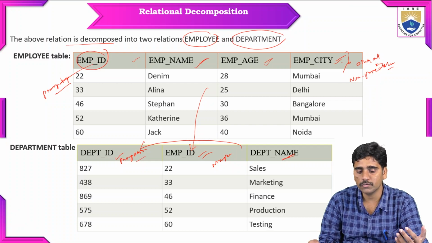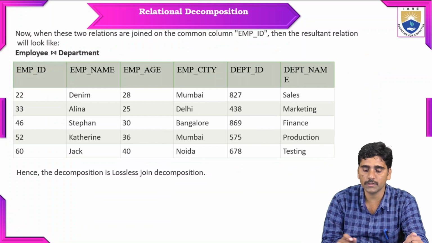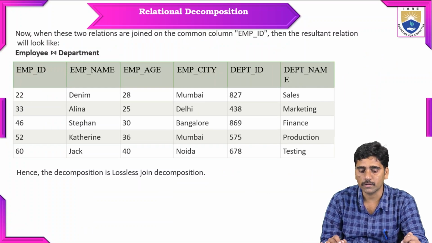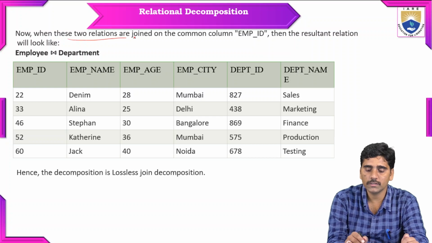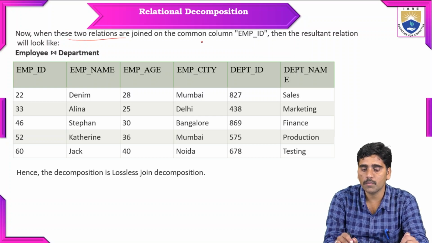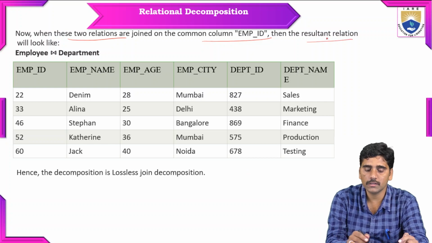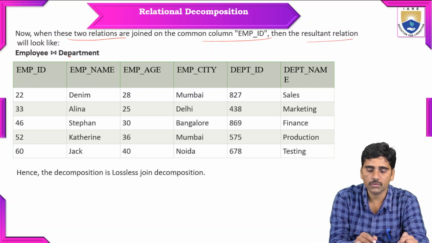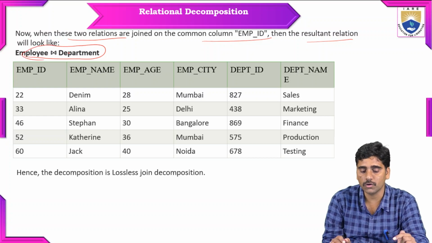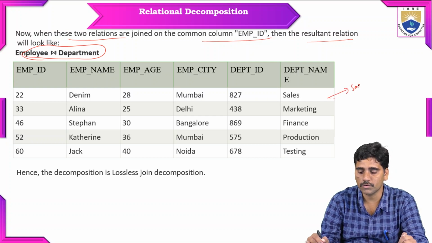If you join these two tables, the same table will appear. When these two relations are joined on the common column employee ID, the resultant relation looks like this. Performing the employee join with the department displays all these values, which is the same as the original table.